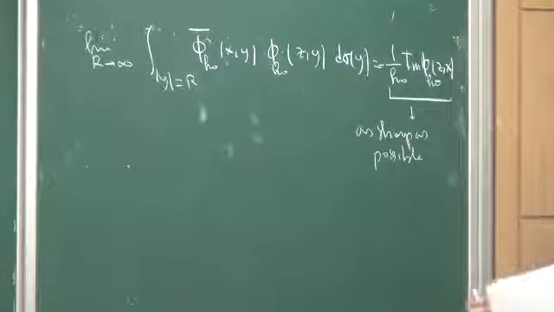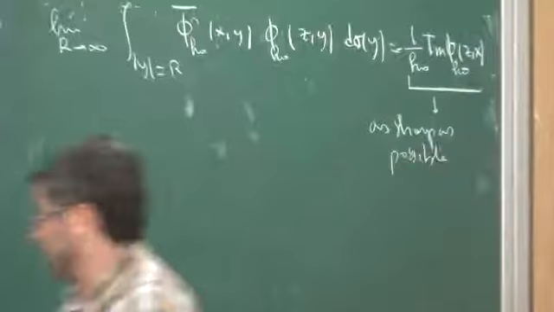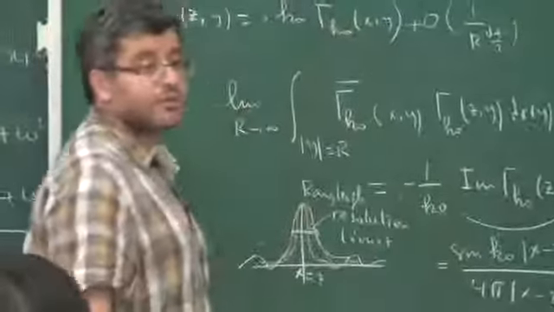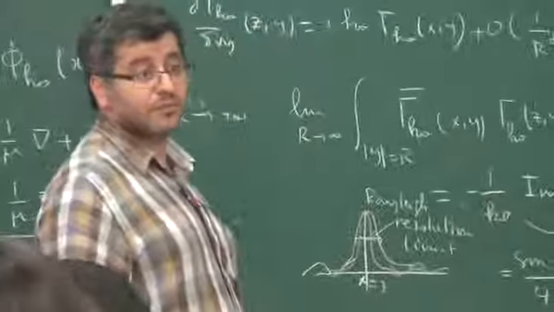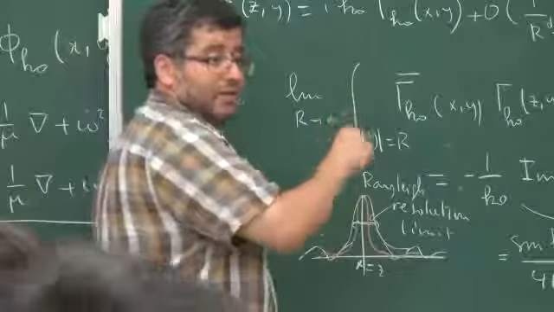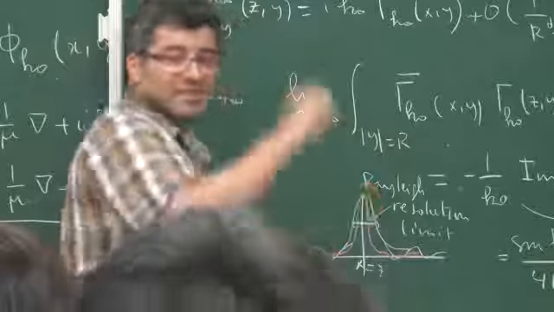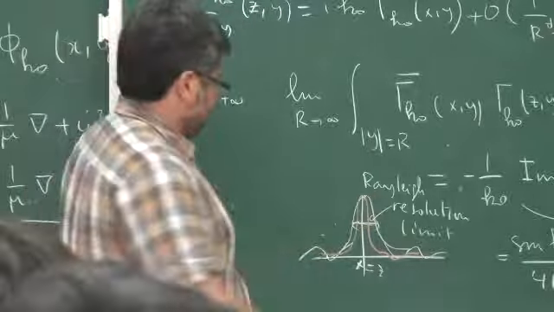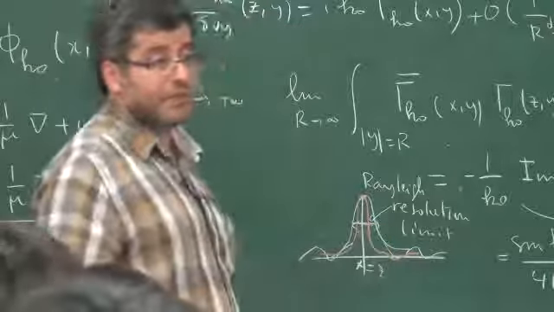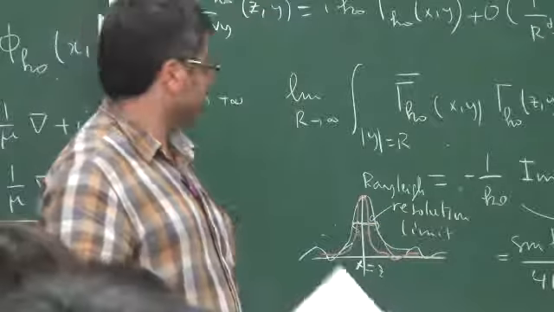When you make it as sharp as possible, you make it like this, and then you gain resolution because it's very sharp. It's not about the height, it's not about the value here. It's about this thing. If you make it very sharp, then you gain resolution.